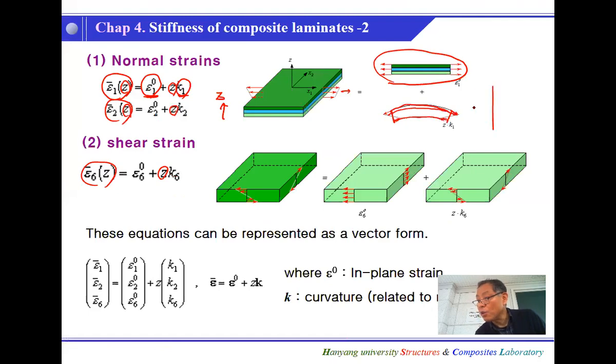So strain-wise, this is the Z, this is the epsilon, for example, 1 is always Z equals 0. We have a certain value, and we have some strain like that. Again, this is the Z coordinate. And Z equals 0. What are these terms? This is epsilon 1, 0. And this is the slope, which means that this is the curvature, curved one.